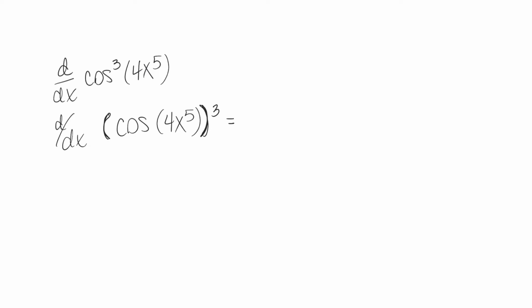All right, so I'm going to get 3 times the cosine of 4x to the 5th, squared. I'm now going to multiply by the derivative of cosine. That's my next layer.